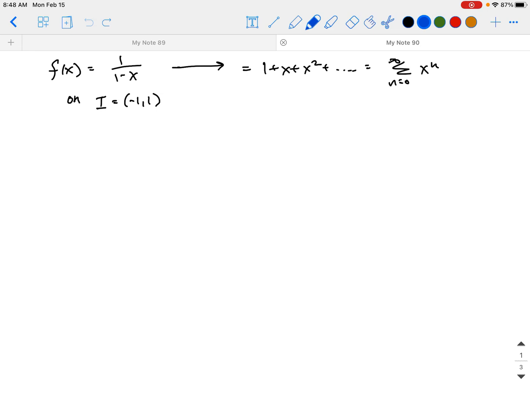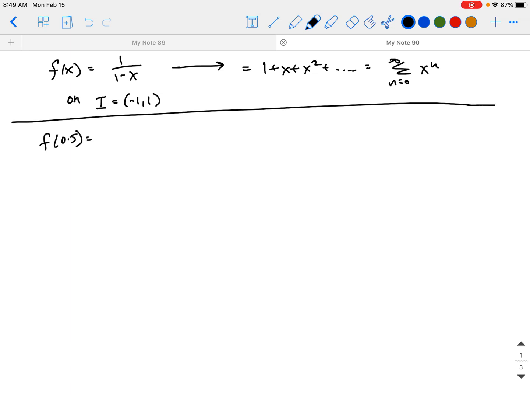Because we have exact equality, it's really easy to find the error here. Suppose we want to find the error in measuring f of 0.5.